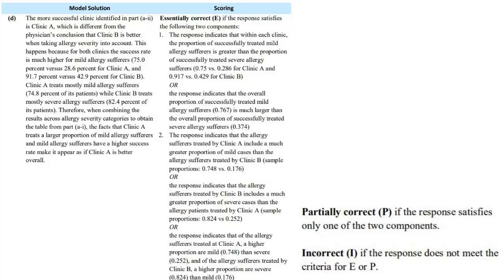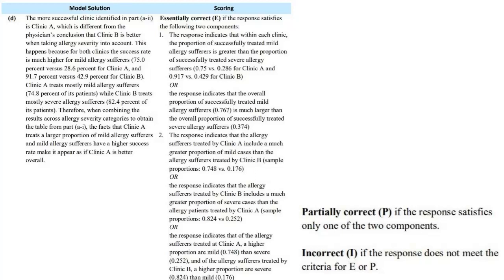The more successful clinic identified in Part AII is Clinic A, which is different from the physician's conclusion that Clinic B is better when taking allergy severity into account. This happens because for both clinics, the success rate is much higher for mild allergy sufferers, 75% versus 28.6% for Clinic A and 91.7% versus 42.9% for Clinic B. Clinic A treats mostly mild allergy sufferers, while Clinic B treats mostly severe allergy sufferers.